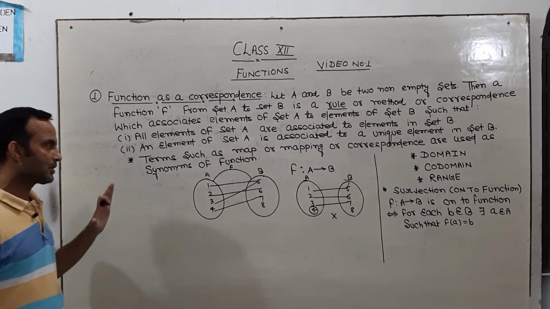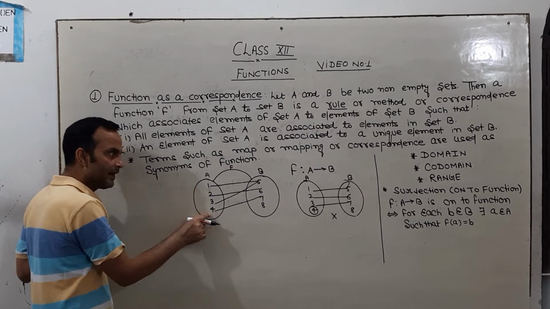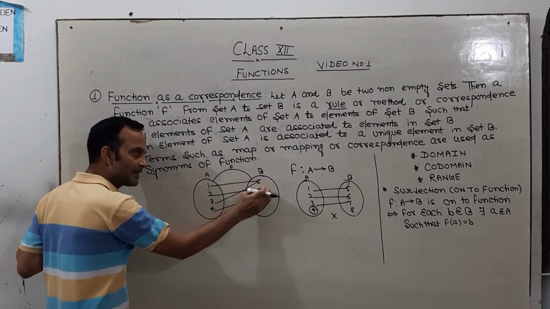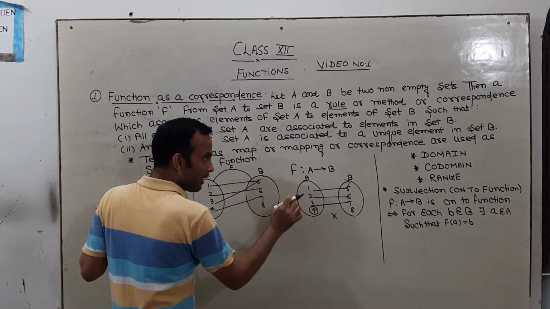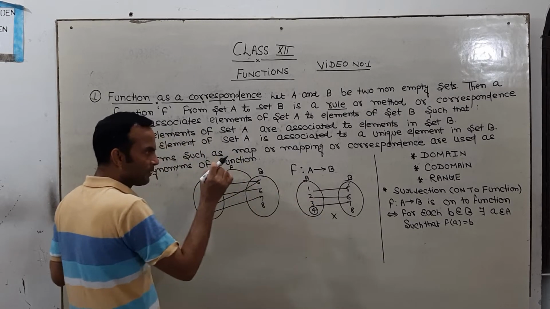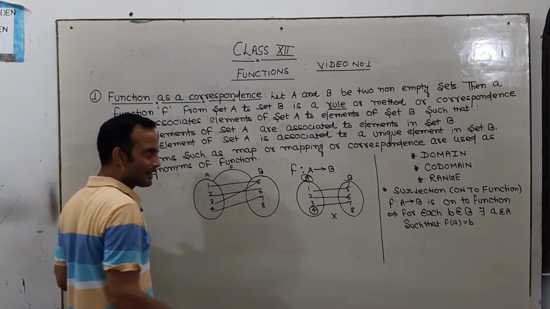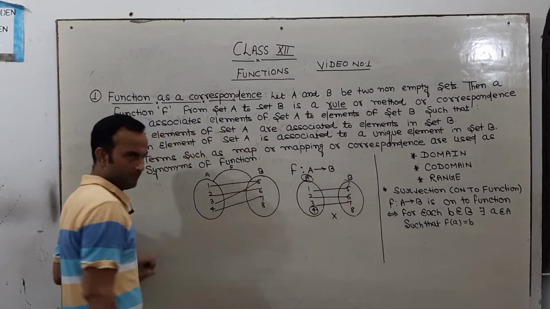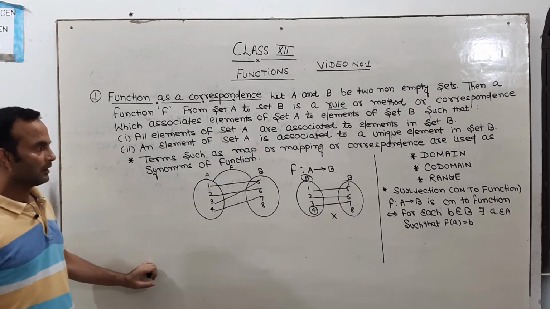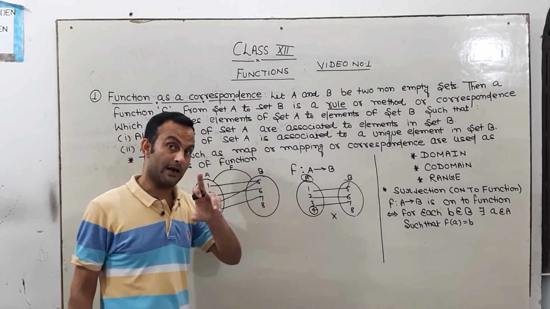फंक्शन होने के लिए सबसे पहली शर्त क्या है कि सेट A में जितने भी एलिमेंट्स हैं उनकी कोई ना कोई इमेज सेट B में होनी चाहिए. If any element which belongs to the set A does not have any image in set B, then the relation is not a function.